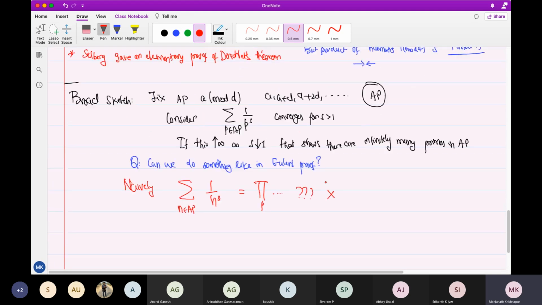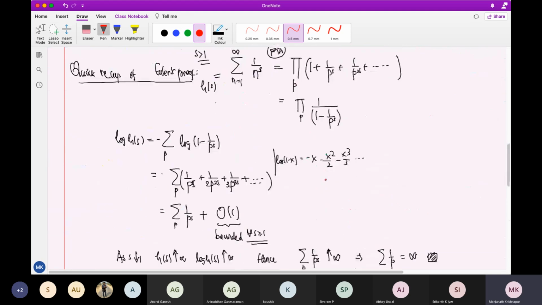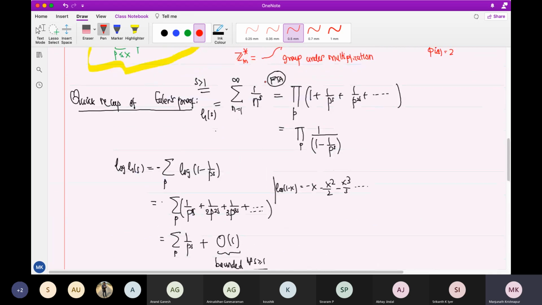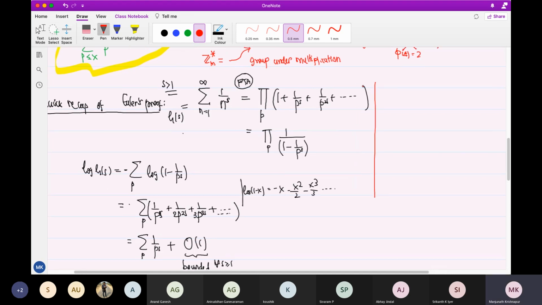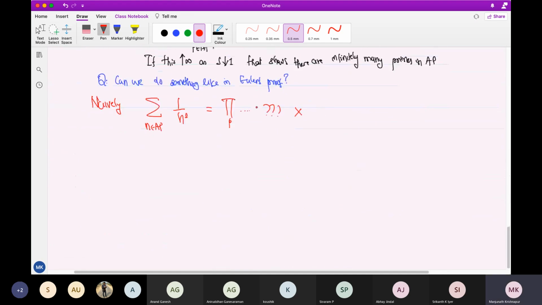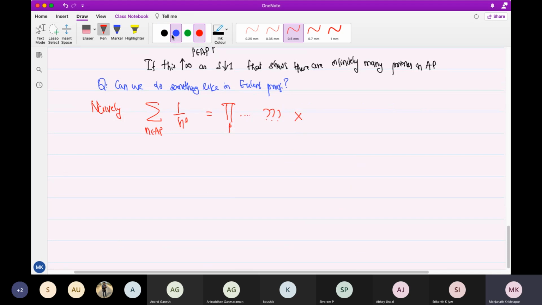So let's go back to this product formula. The key idea was the fundamental theorem of arithmetic, that every number can be written as a product of primes. Again, I'll come to the convergence issues in a moment.